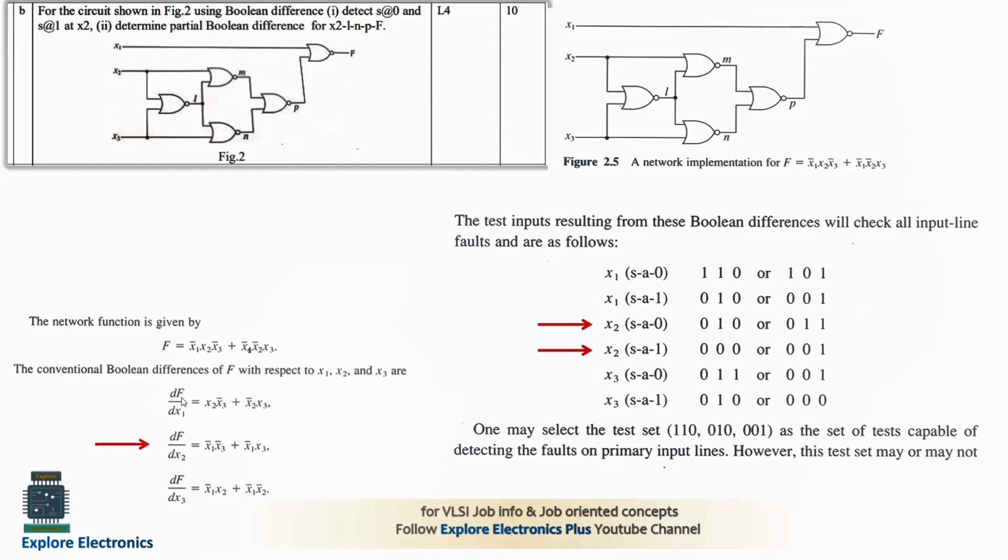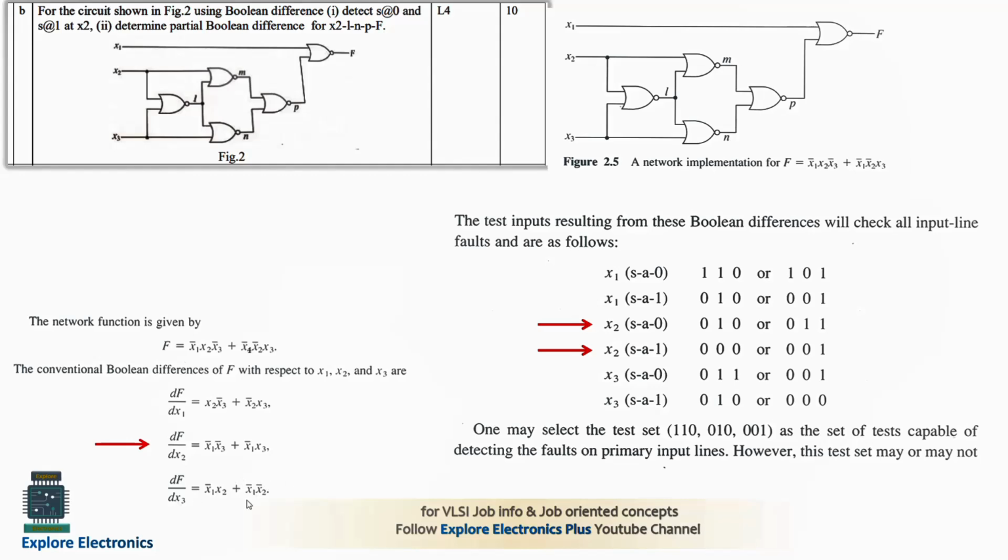This is the Boolean difference for F with respect to x1. In the question they have asked to detect stuck at 0 and stuck at 1 at x2, so we write dF by dx2 in our answer. It will be x1 bar x3 bar plus x1 bar x3.